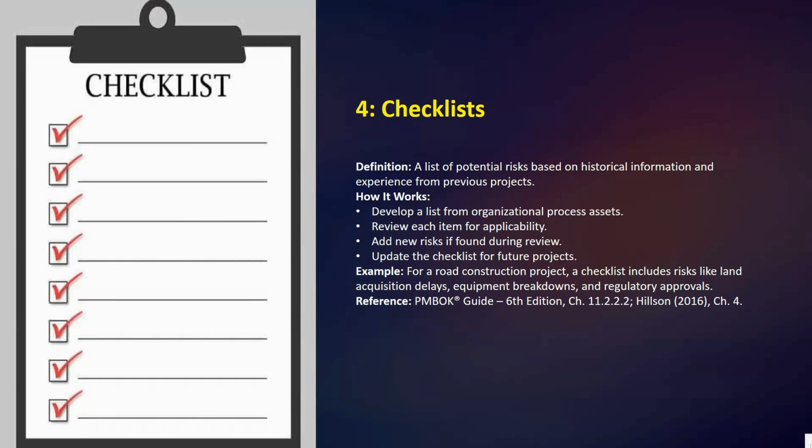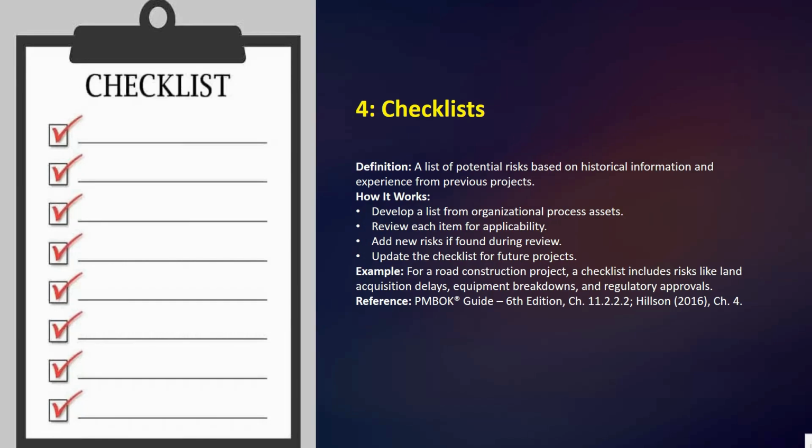So here we have the definition: a list of potential risks based on historical information and experience from previous projects. How it works: develop a list from the organizational process assets, review each item for applicability, then add new risks if found during review, then update the checklist for future projects.